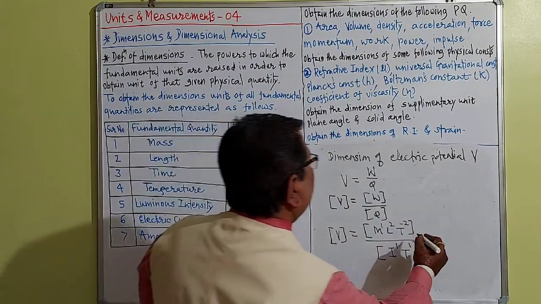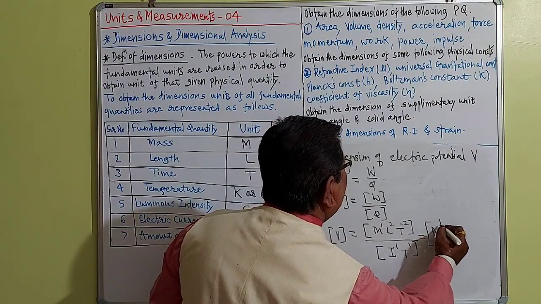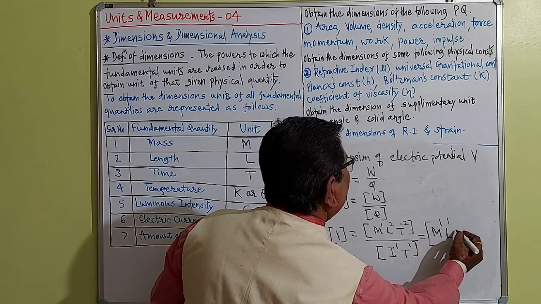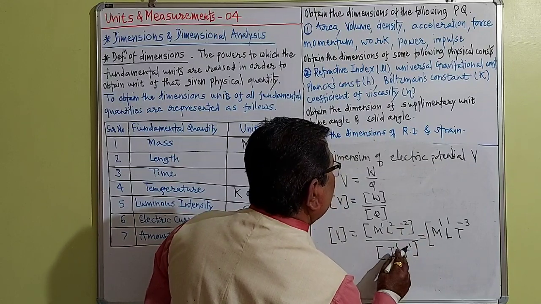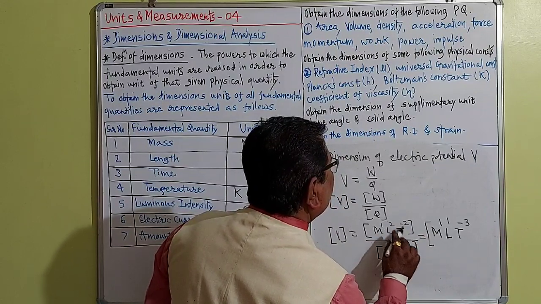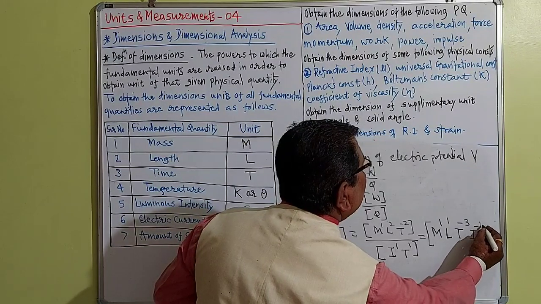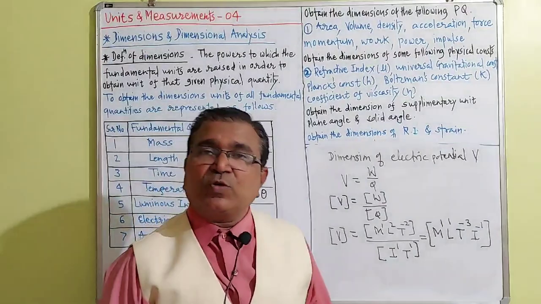This may be written as M1 L2 T minus 3, this one goes up, minus 1 and minus 2, minus 3, and I minus 1. So this is all about the dimension of electric potential.